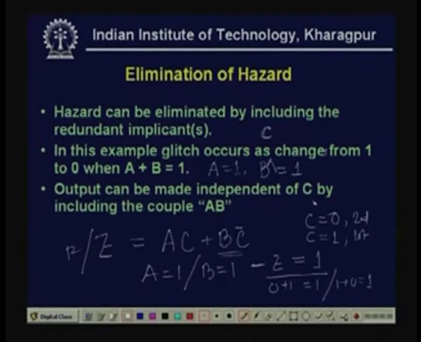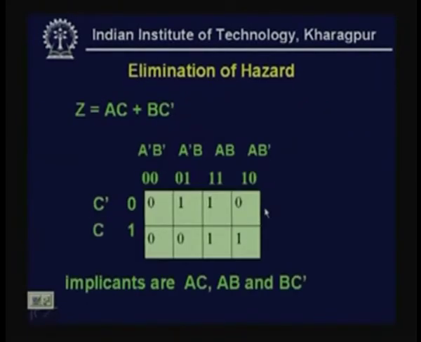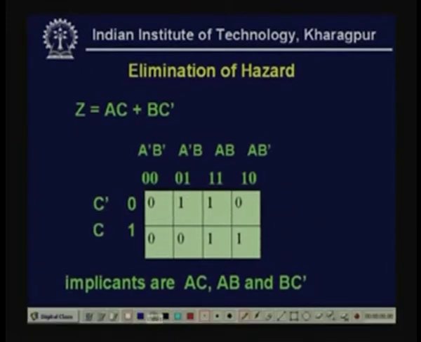And how can we do that? We can include another input AB, which is actually a redundant implicant. Now, again we consider the Karnaugh map. Earlier we have seen this is AC plus BC bar. This is one couple which represents BC dash, this is one couple which represents AC.